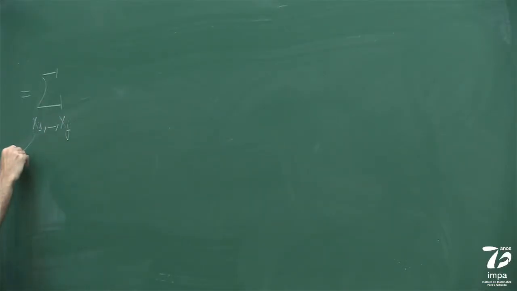So these are the possible values of xi n plus 1 up to xi n plus j.